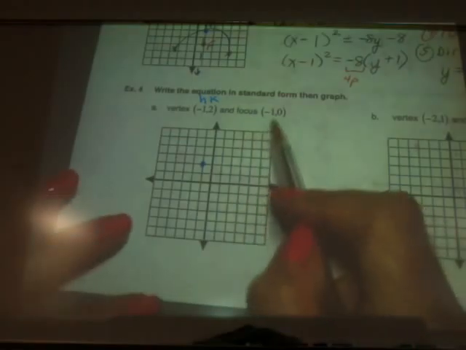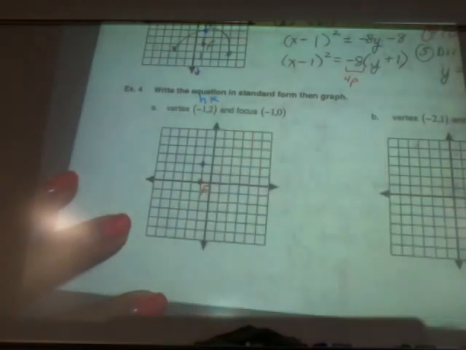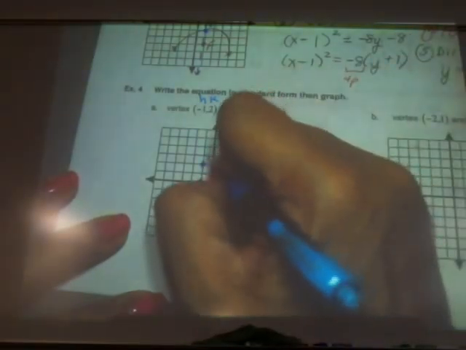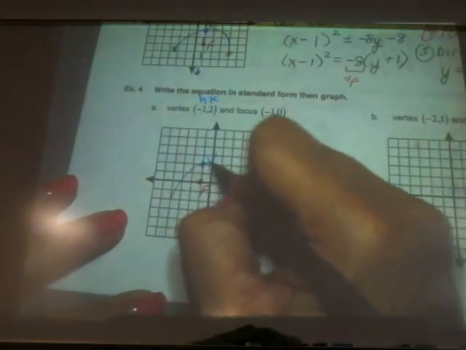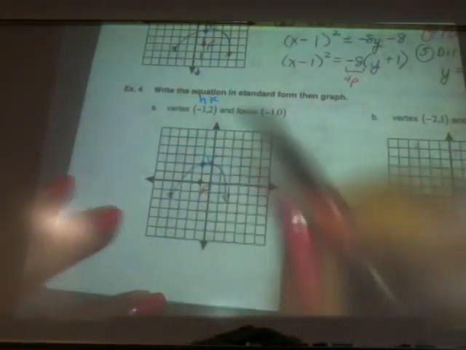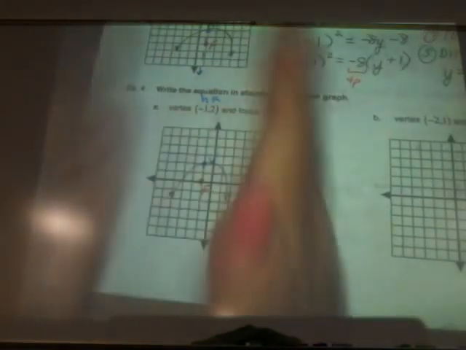So my focus is at -1, 0. This is my focus. This is my vertex. If I were to sketch this parabola, wouldn't it sketch this way? Because the parabola hugs around that focus. So this is one that opens down. So if it opens down, are we squaring the X or the Y? Opens down, up, down.